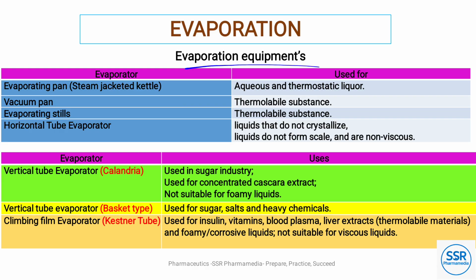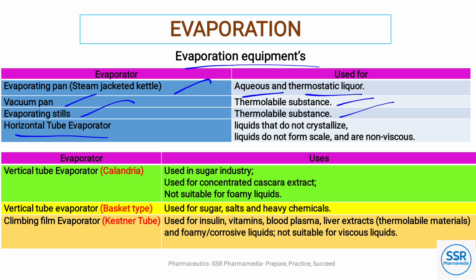So next is evaporation equipments. Evaporating pan is used only for aqueous and thermostable liquid. Vacuum pan is used for thermolabile substance. Evaporating stills are used for thermolabile substance.